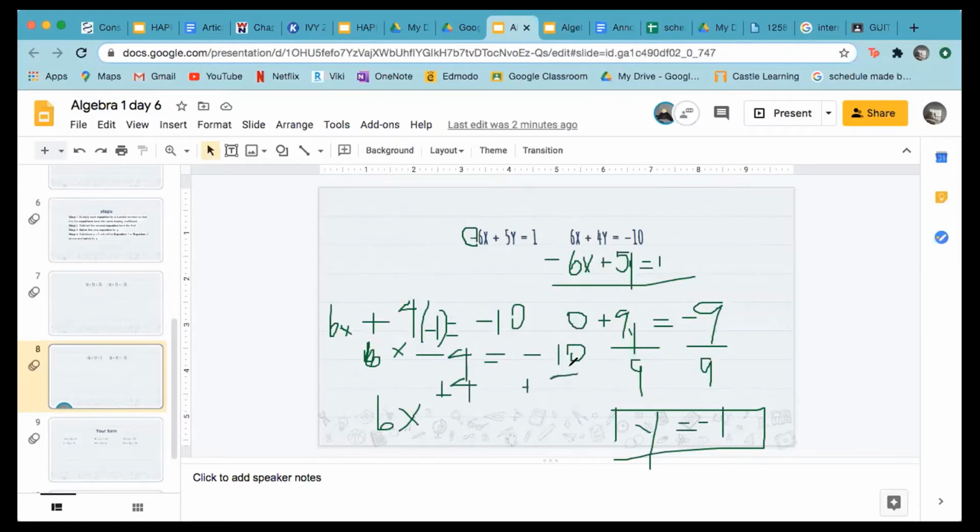So negative 10 plus positive 4 gives you negative 6. And then we want to isolate x. So you would divide by 6 on both sides because that's the leading coefficient of x. So you have x equals negative 1. So these are your two answers. In order to combine them, you do negative 1, comma, negative 1. Anything you're confused about?